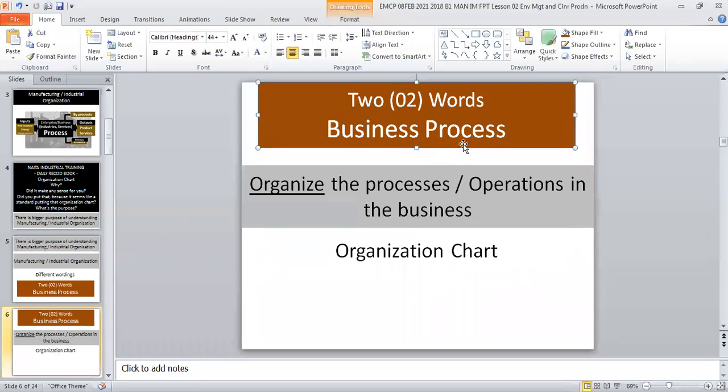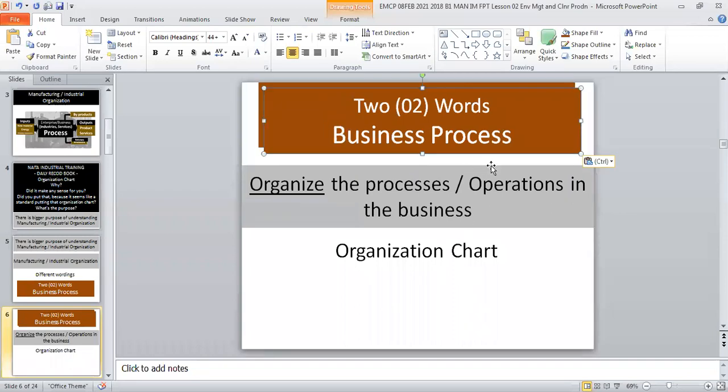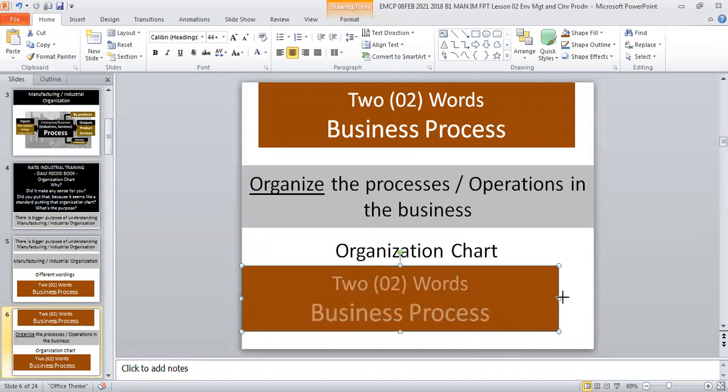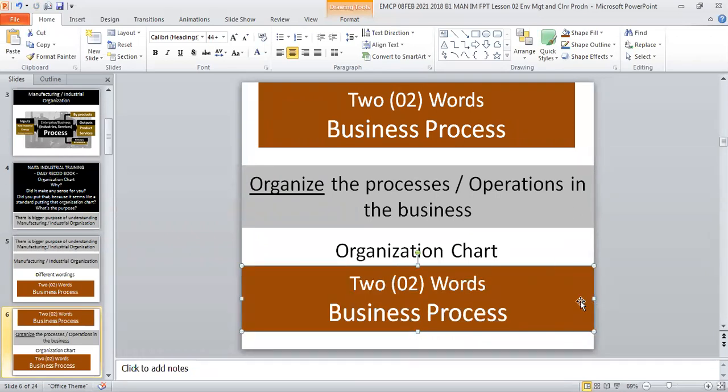Also, those who are familiar with businesses, when they see an organization chart, they can understand the business process.